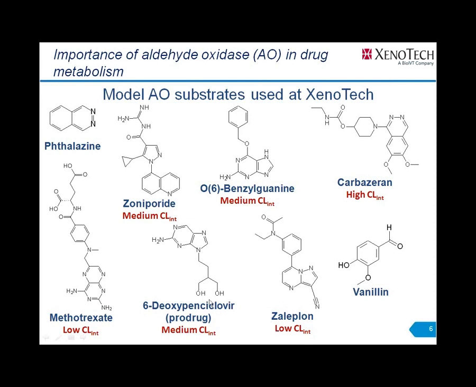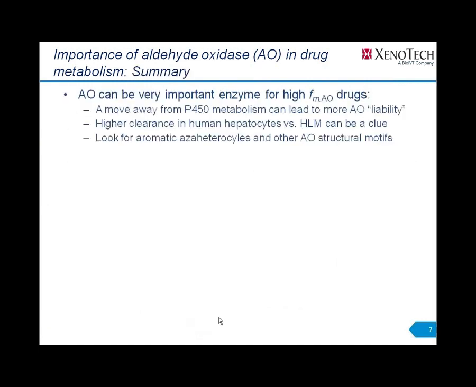And I also wanted to point out 6-deoxypenciclovir, which is actually a prodrug that is activated by aldehyde oxidase. So aldehyde oxidase can obviously be very important for drugs with a high fraction metabolized by aldehyde oxidase.